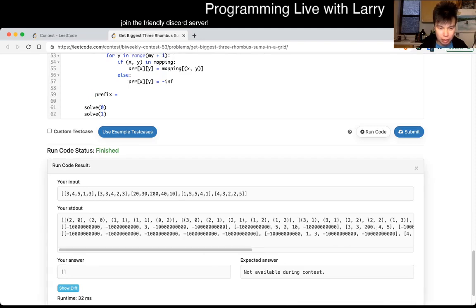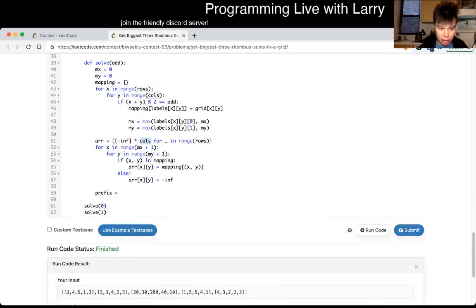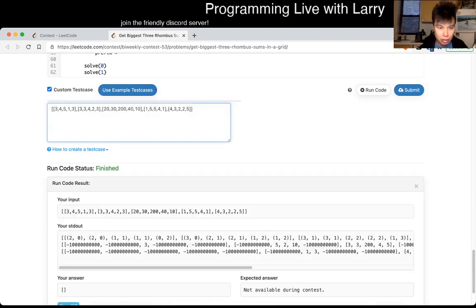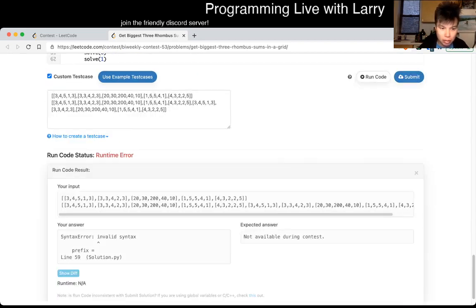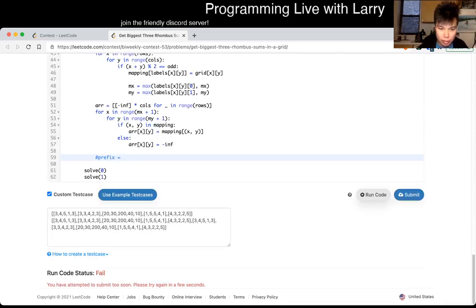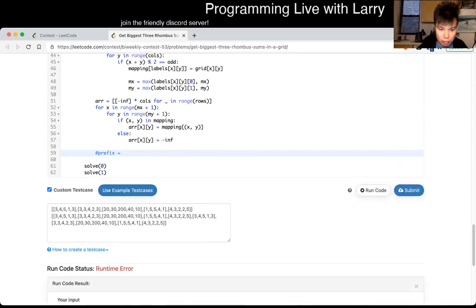Well, I mean, this is maybe right because this is a rectangle, or they gave us a square, but I think I'm actually wrong with this one. Yep.